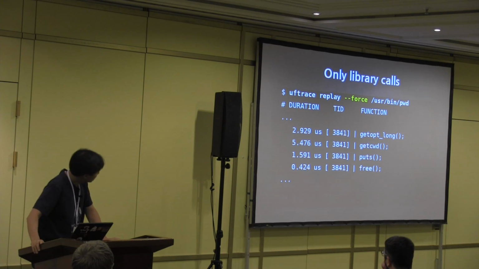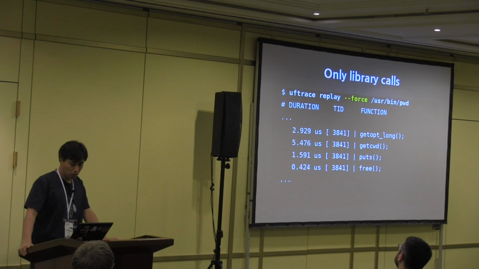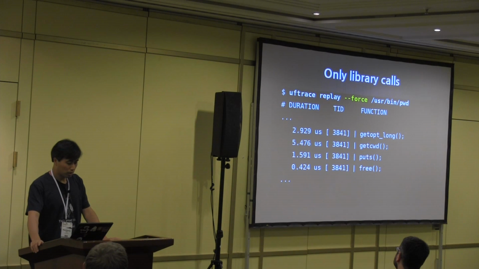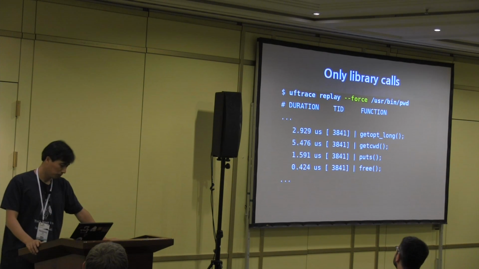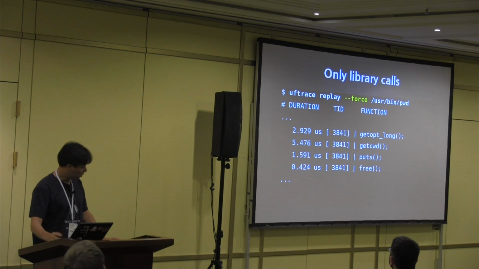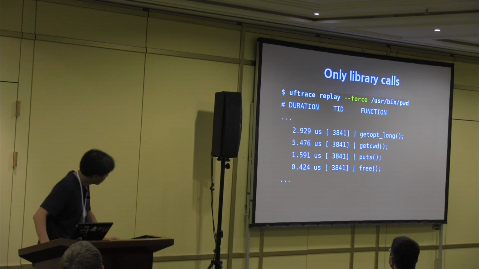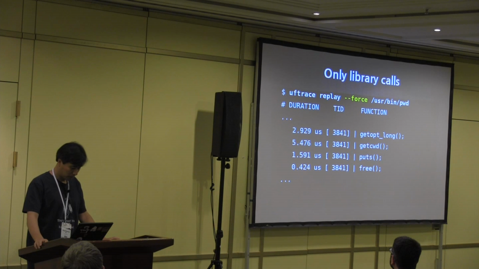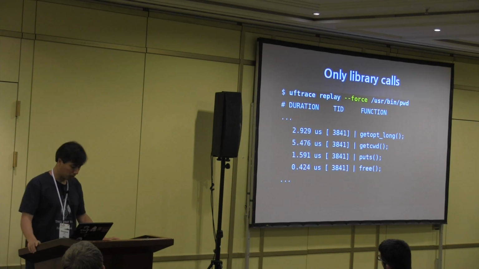And in some cases, you want to trace only library calls, especially if the executable cannot be rebuilt, or you want to trace some existing programs. So you can use the force option, and you need to specify the full path of the executable, since uftrace doesn't search the PATH environment.